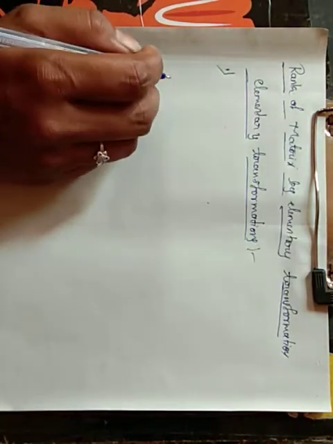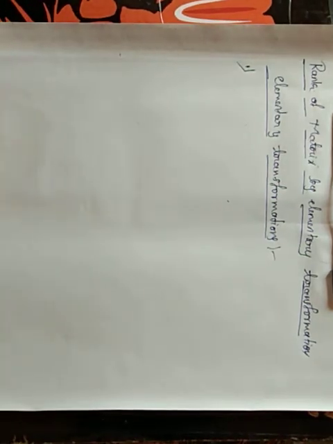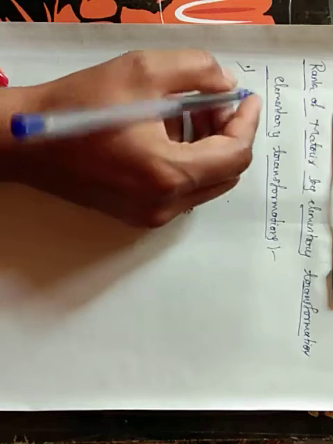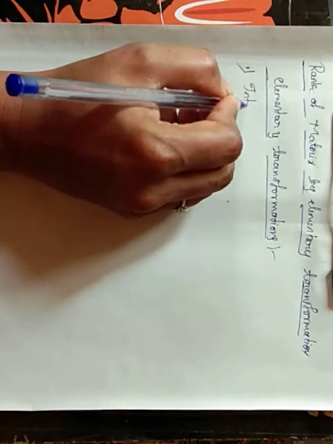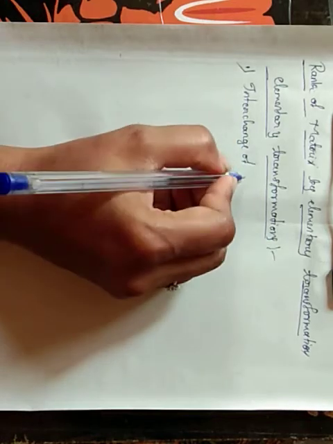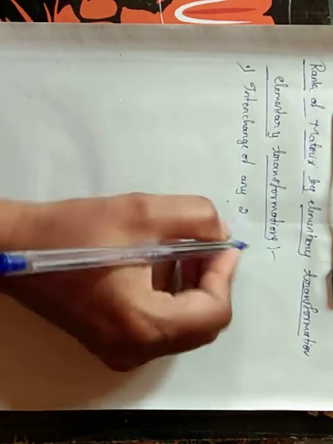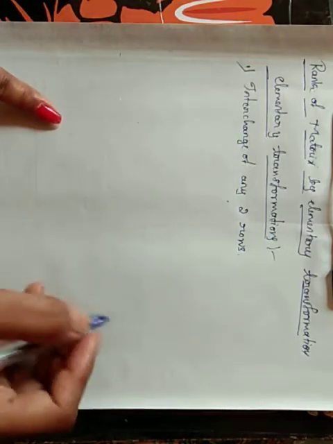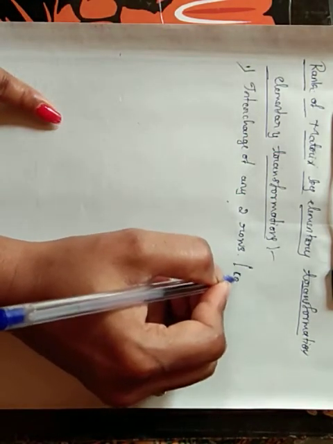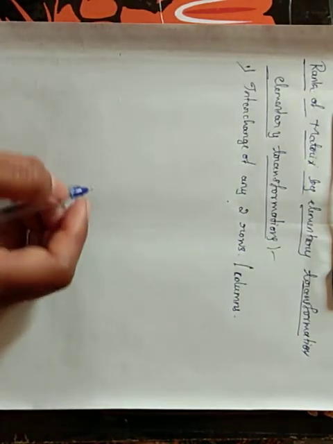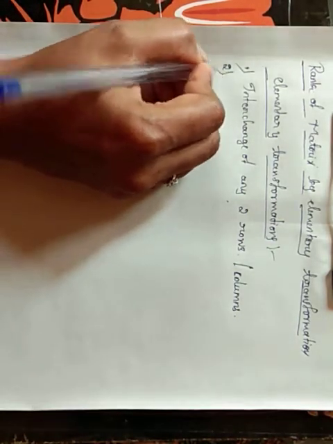The first rule is interchange of any two rows or columns. We can make interchange of any two rows and any two columns.